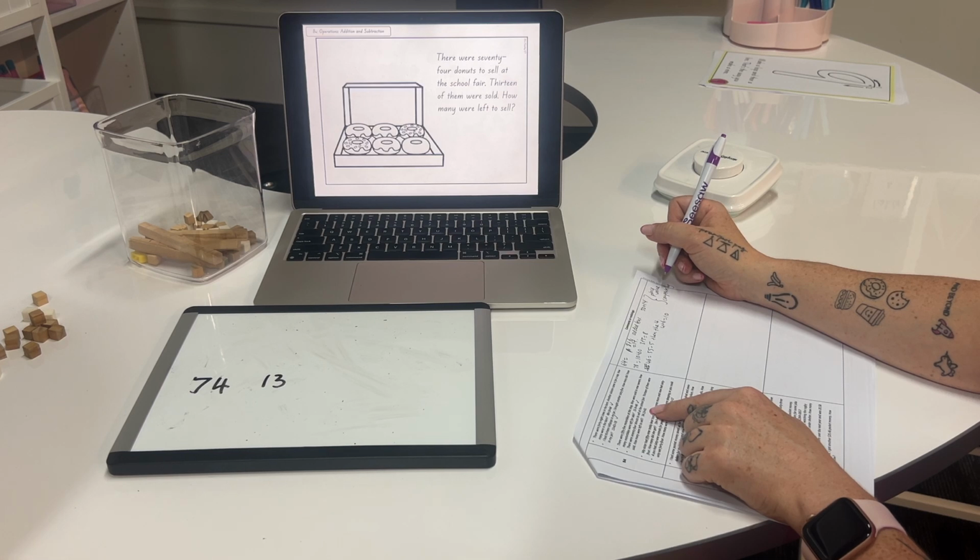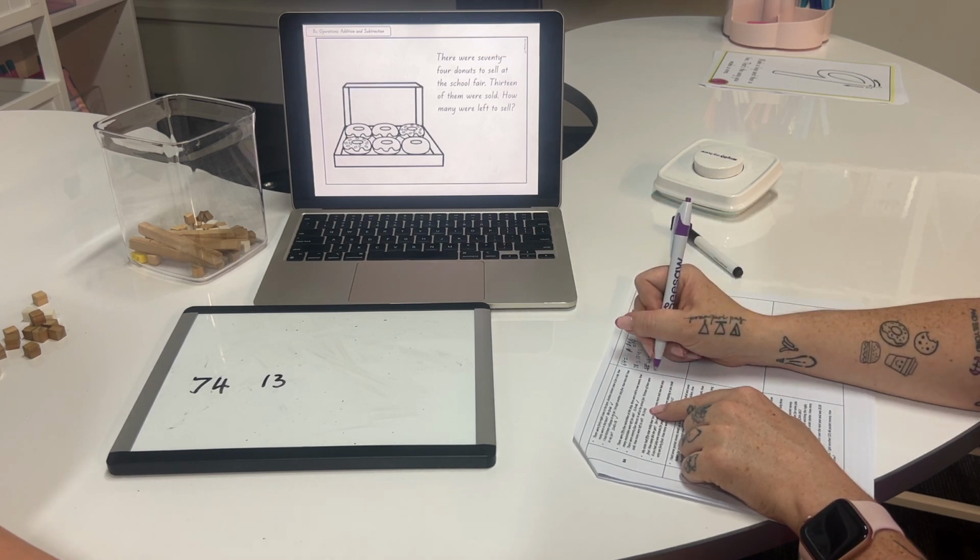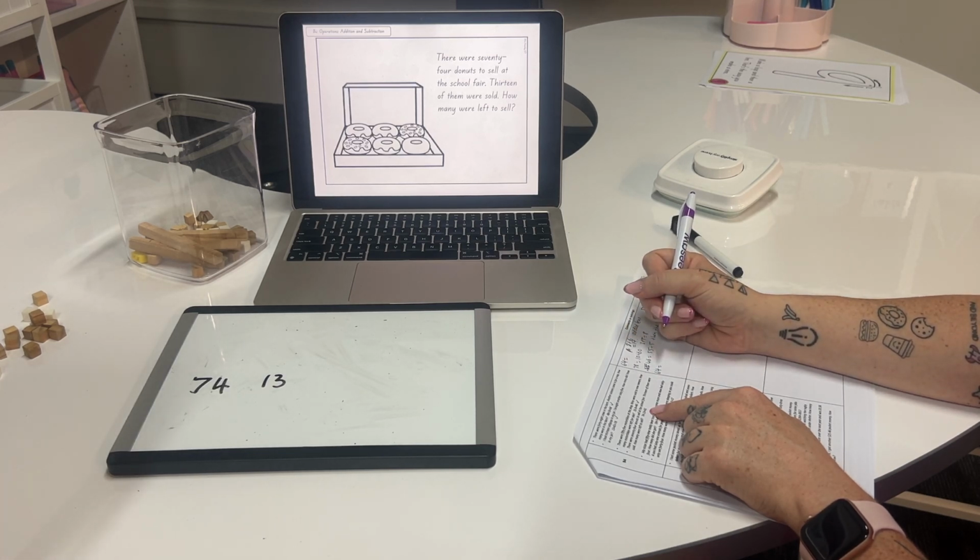No, not 80. 64. How did you get that? I don't know how I got it, but I just got it.